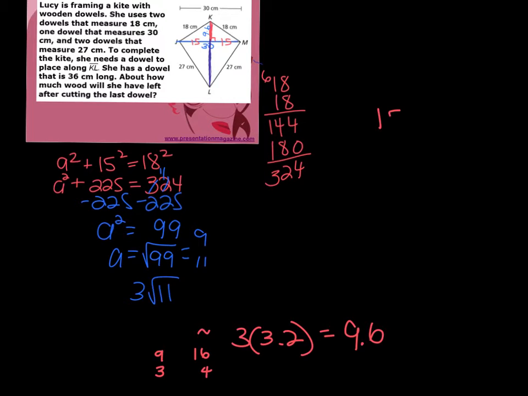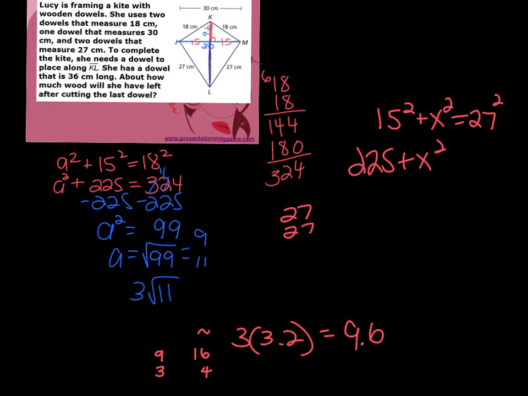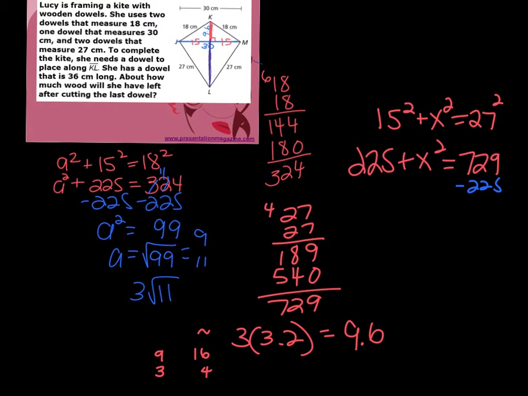So I'd get 15 squared plus x squared equals 27 squared. We already did 15, 225. 27 times 27. And then subtract the 225.